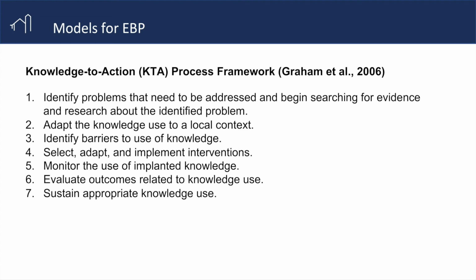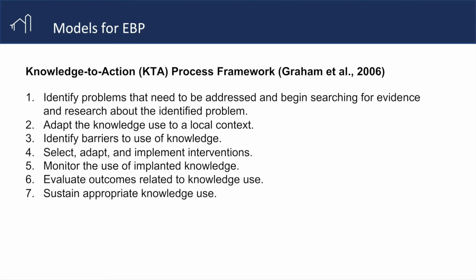I actually think that this isn't necessarily a mandatory step, because we want to be using and implementing evidence at all stages of the development of a program, not just when we discover a need or when we discover a problem. Evidence-based practice should be a continuous aspect of the running of a program, not just when we discover, oh, there's this big problem and we need to figure out how to solve it.